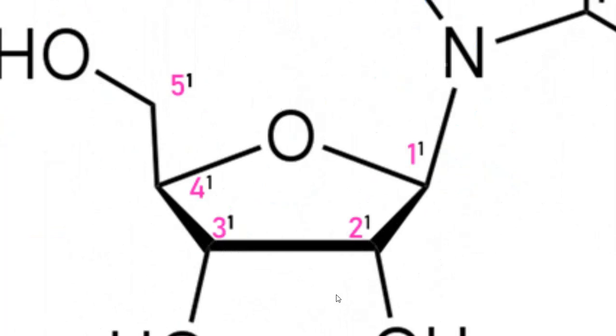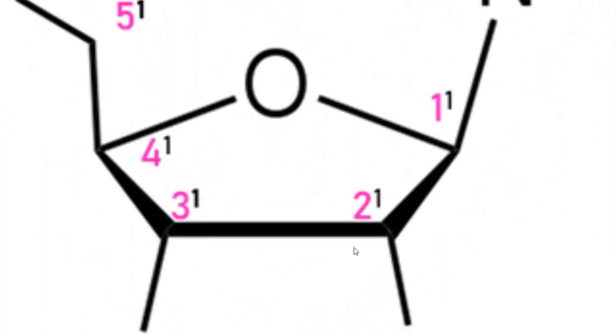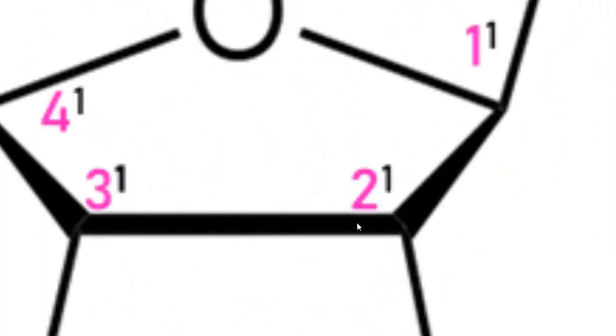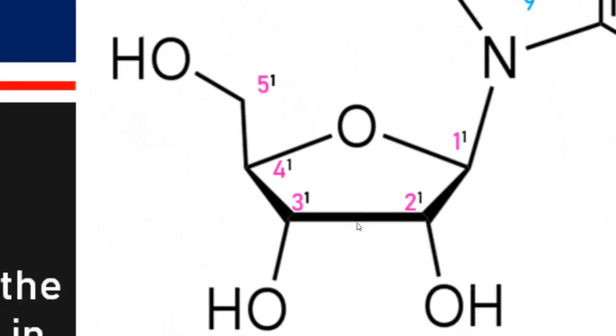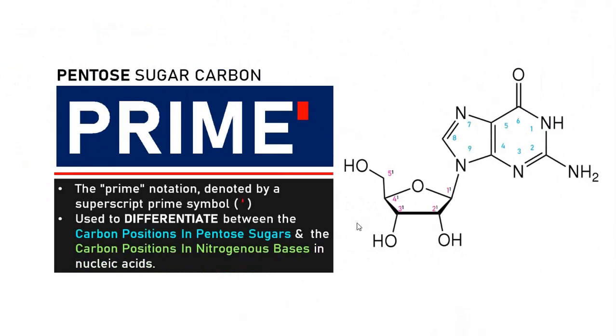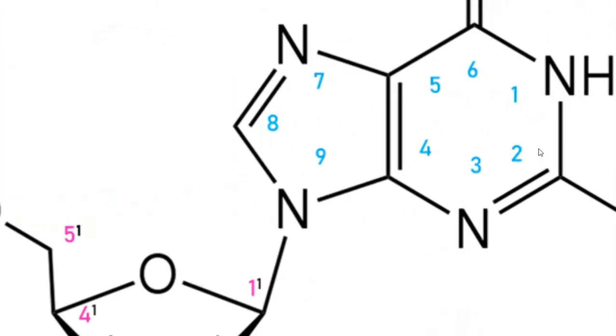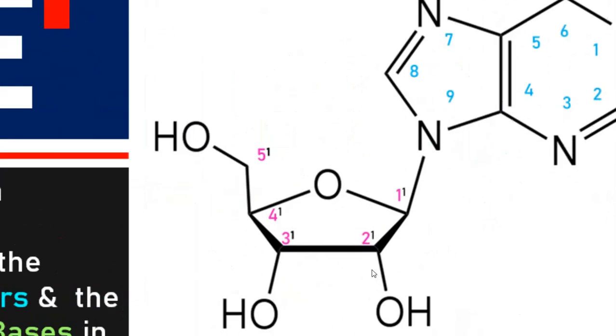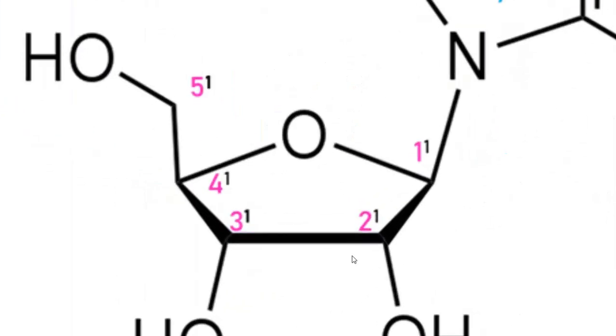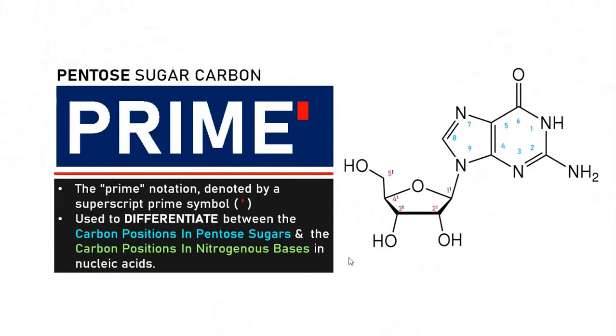And in the same pentose sugar also carbons are present. Then at this second position also carbon is present. So we need to have a specific notation to differentiate the carbons present in the nitrogenous base from the carbons present in the pentose sugar.